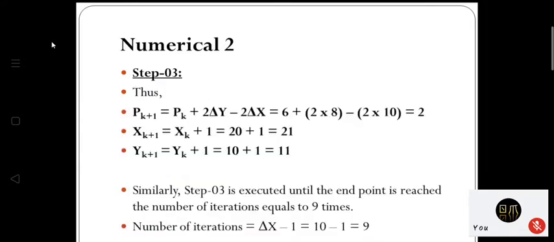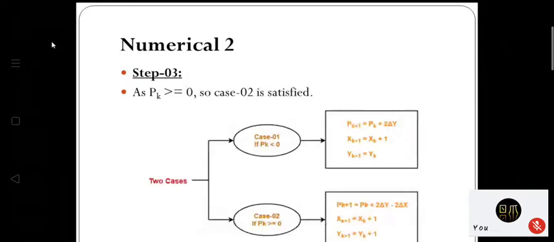Similarly, you obtain the next decision parameter, which is 2. Again, case 2 condition is satisfied, so you perform the case 2 condition again.